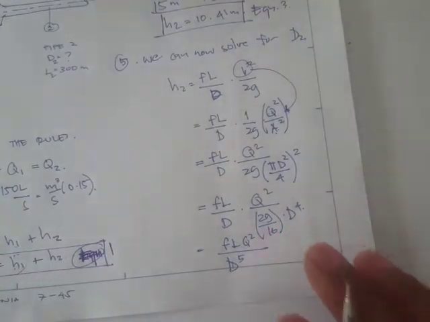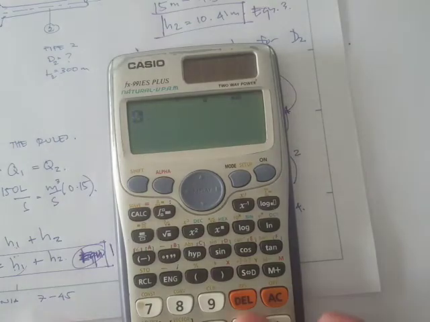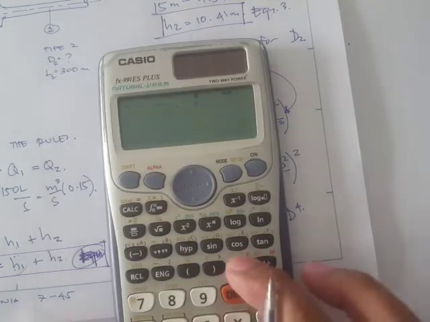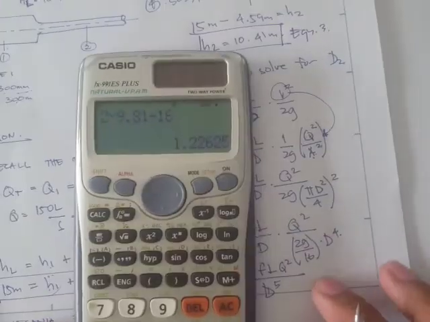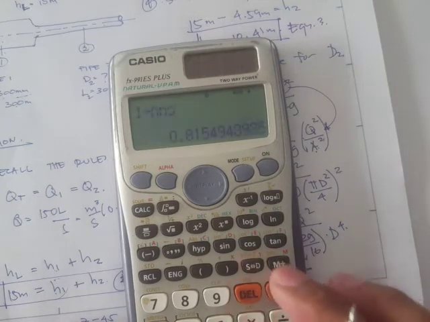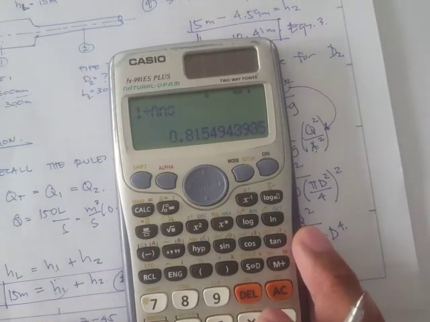Okay, so that's 2 times 9.81 divided by 16. And if we write that in the denominator, we have 1 divided by the answer.